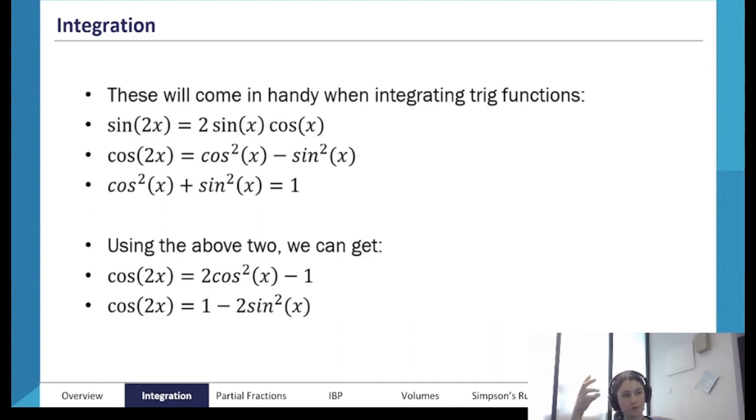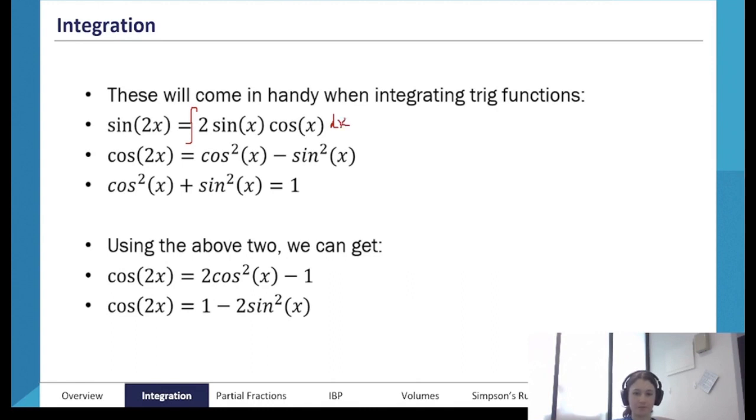What we use these for is to simplify an integral that we have. For example, using this first one here, if we are asked to find the integral of 2 sine x cos x, we can't do this straight away, we have a product of two functions.